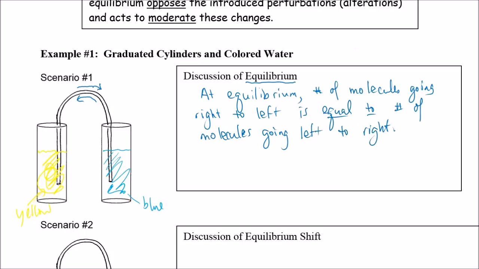So here in my diagram we have equal arrows going right to left and left to right.